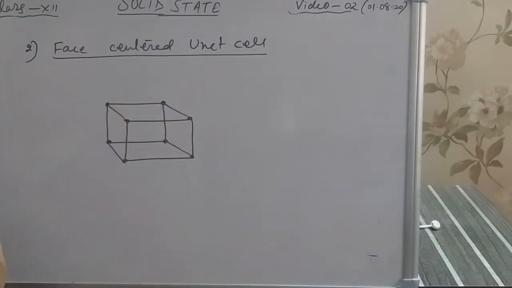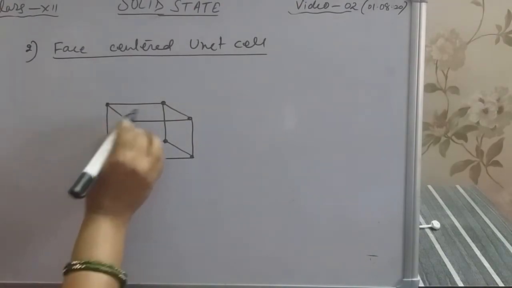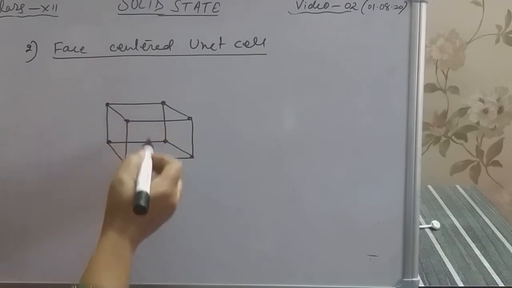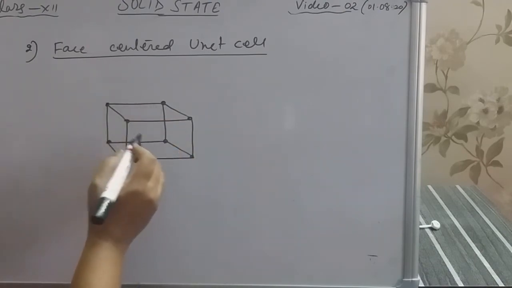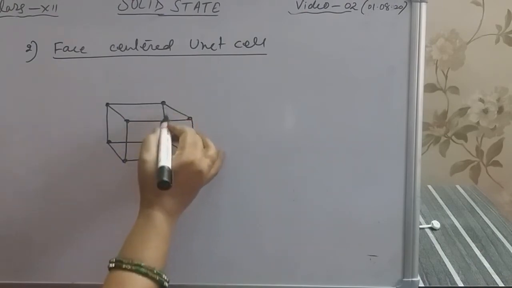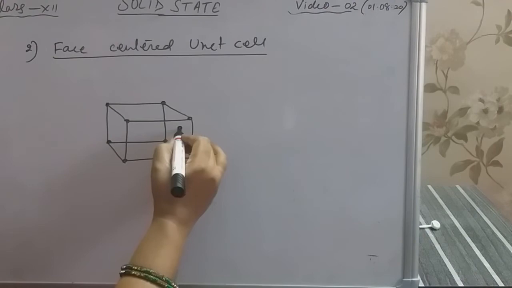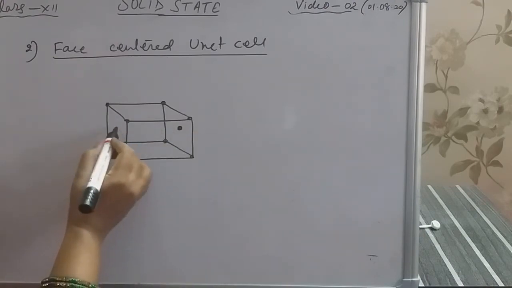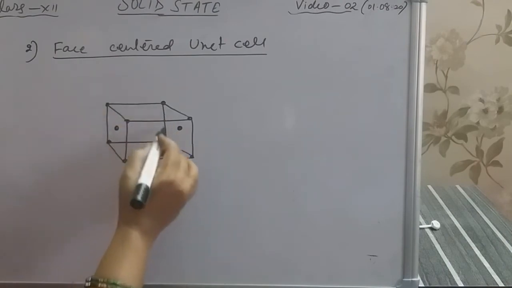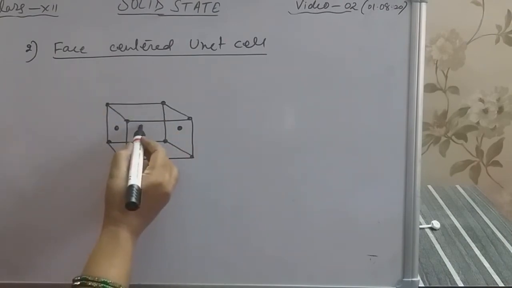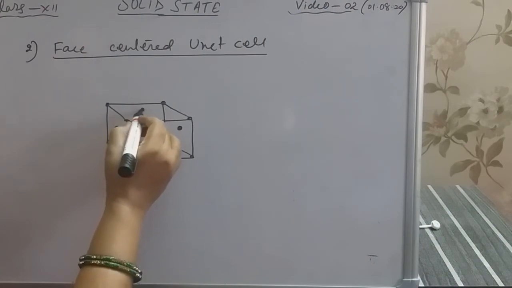Apart from these 8 corners, atoms are also present in each face. How many faces? 1, 2, 3, 4, 5 and 6. So just at the center of the face. Suppose this is the face of this side, so an atom is present at this center. On this face, an atom is present at this center. Below this face, an atom is present at this center. Above this face, an atom is present at this center.